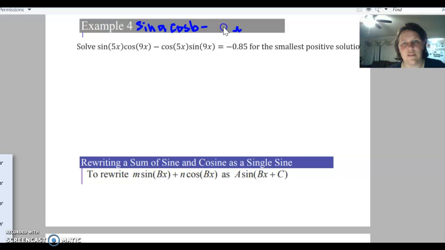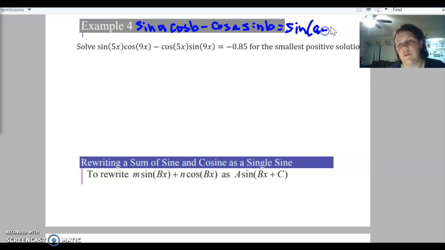This is where I always mess up on these. It's got to begin and end with sine. So cosine of A sine of B, and that's going to equal the sine of A, and then remember we said the signs are the same for sine. So the sine of A minus B.